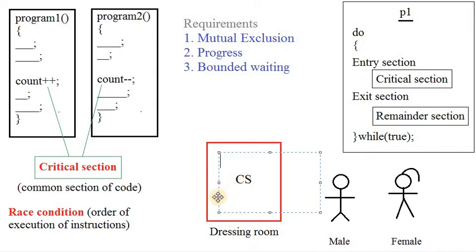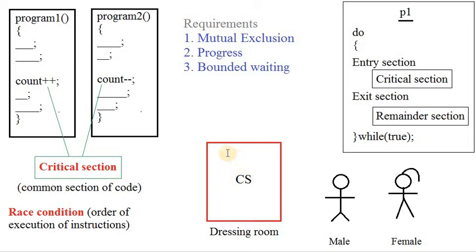CS means critical section. A dressing room is very common to everyone. Suppose let us take a hostel, right? Suppose there is a dressing room or a washroom. That washroom or dressing room will be used by a single person at a time. No two persons will be allowed at a time into the dressing room.